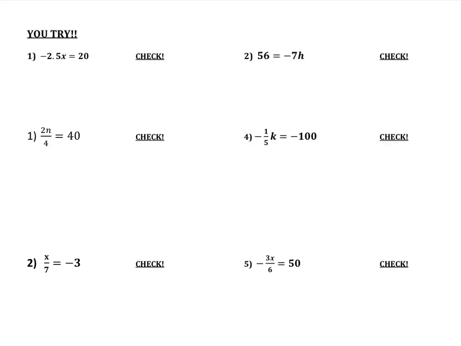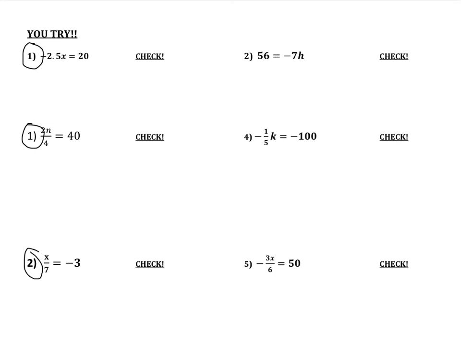Alright, we're going to flip to the next page, and what I want you to do is try a couple of the You Tries. So I want you to try number 1, number 2, and these are labeled the same. So this one, this two. We're going to do these three.